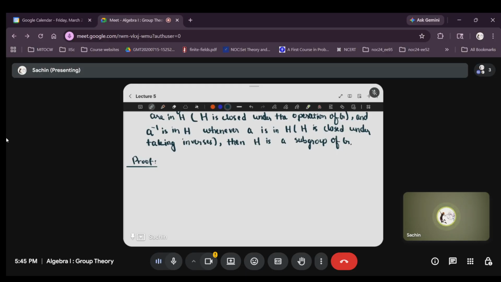Did you get that point? Yeah. So it is more convenient because it is more like checking whether the membership condition is satisfied by A inverse. But the existence of A inverse is guaranteed in G.